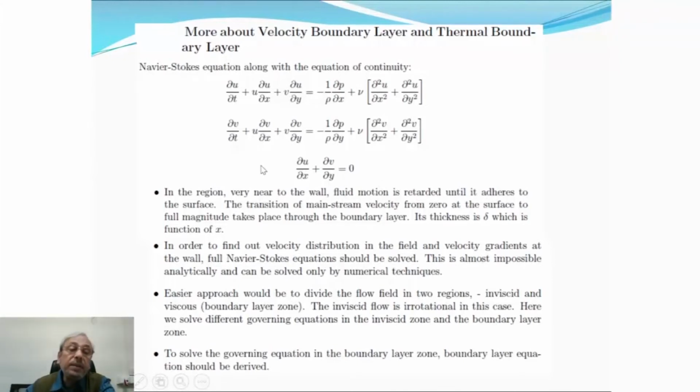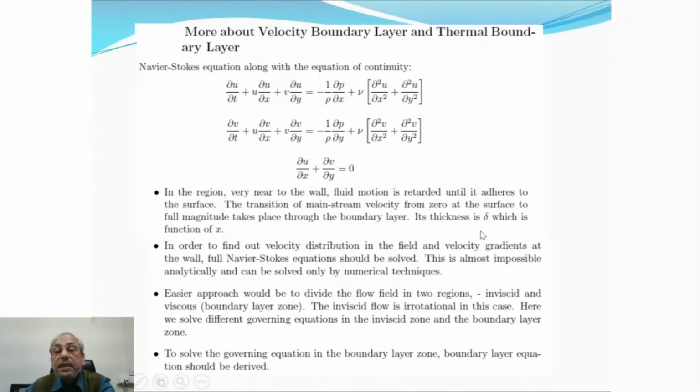is the continuity equation. In the region very near to the wall, fluid motion is retarded until it adheres to the surface. The transition of mainstream velocity from 0 at the surface to full magnitude takes place through the boundary layer.